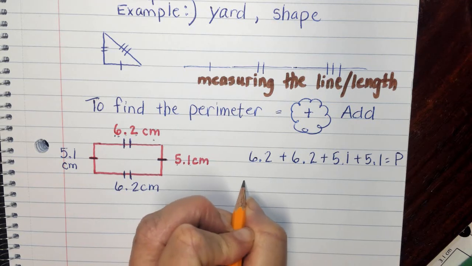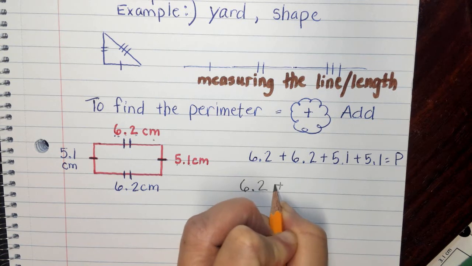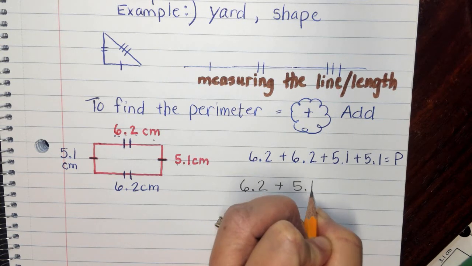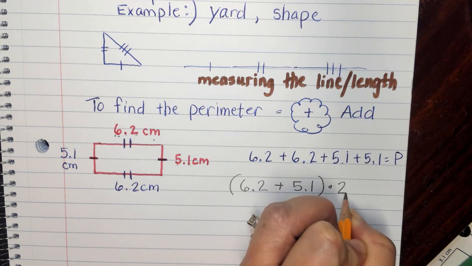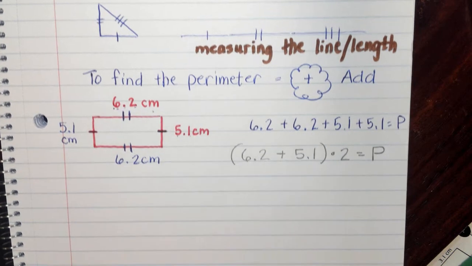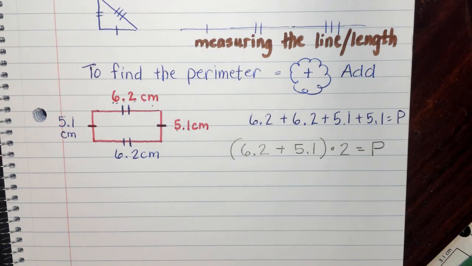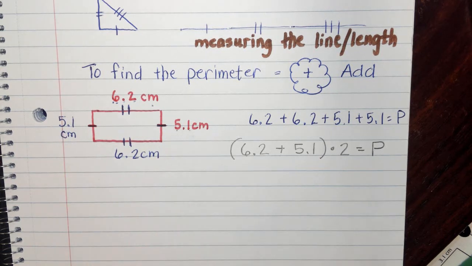So he says you might see it more like this: 6.2 plus 5.1 times 2. Could that give me the same answer? We add this, we add this, we multiply it by 2 because we have double of those. Would that give me the answer? Is that the only way we could write it?